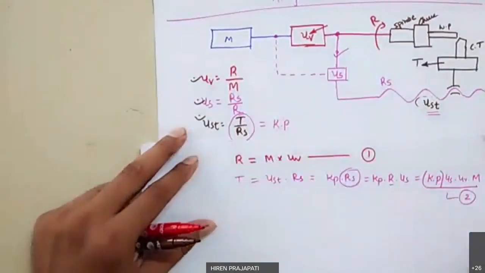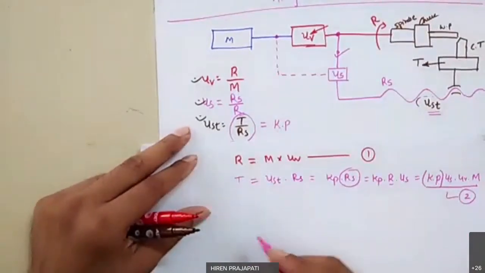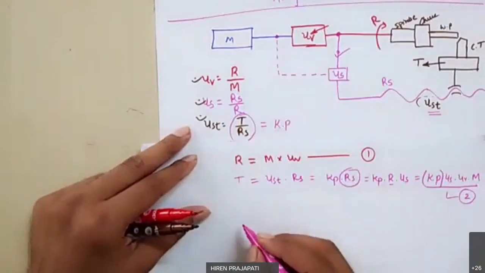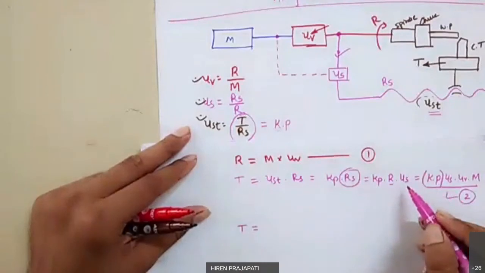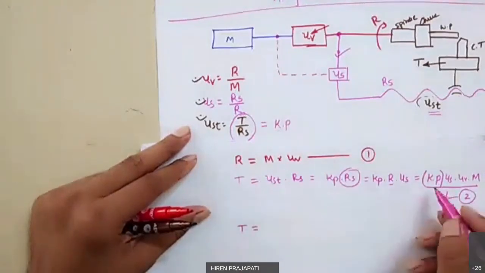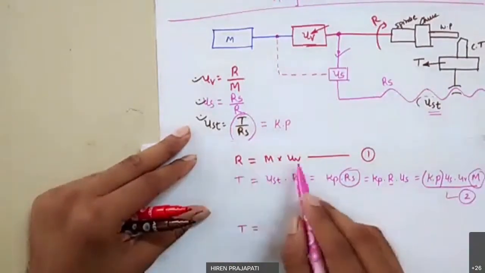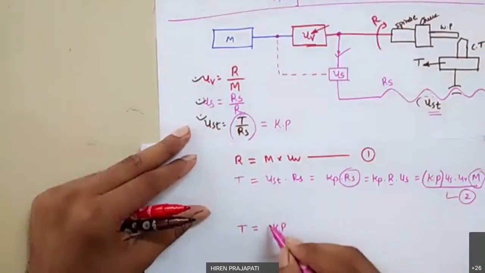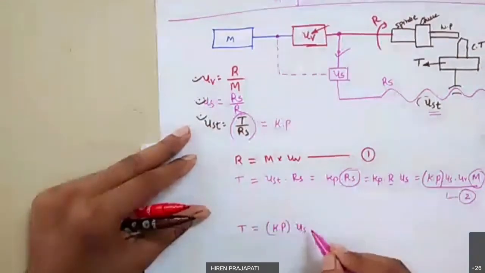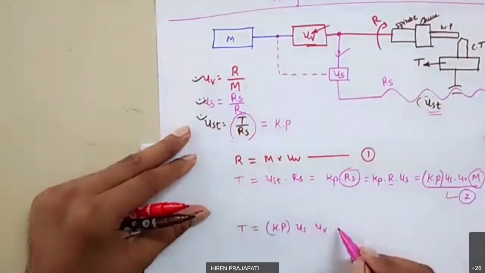Now if we write T is equal to, if I replace this M by R by UV, then our equation will be Kp into US into UV into M, equal to R by UV.